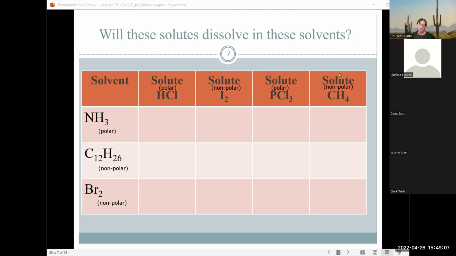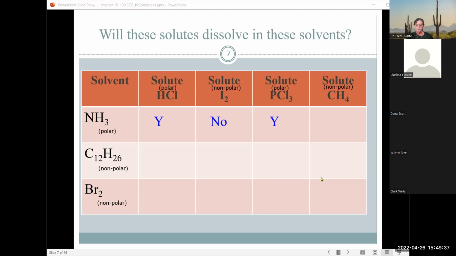Okay. Now, once you define the polarity of the solute and the solvent, now you can determine whether they will dissolve in each other. Bearing in mind, remembering that like dissolves like, okay? Like dissolves like. So yes, for the first combination of ammonia and hydrochloric acid, because they both are polar. No for the next combination, because we got a nonpolar and a polar species.